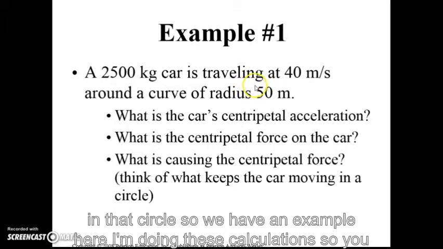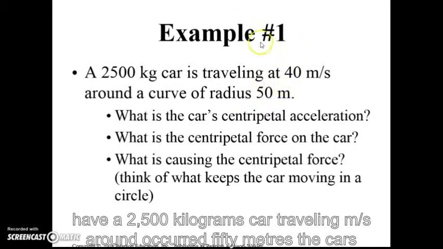So we have an example here. I believe this is the last slide of doing these calculations. You have a 2,500 kilogram car traveling at 40 meters per second around a curve of 50 meters.